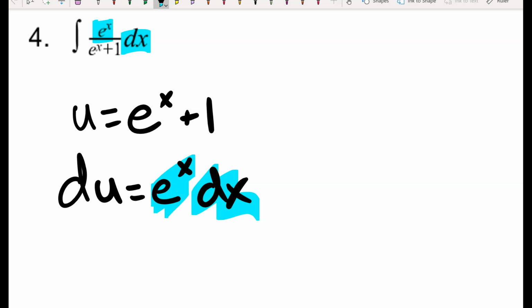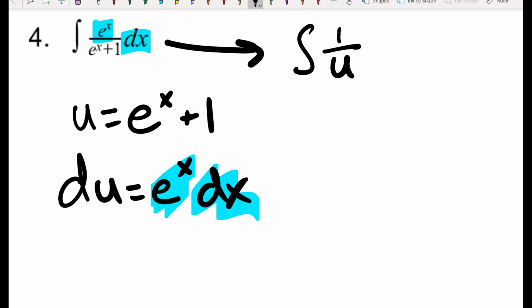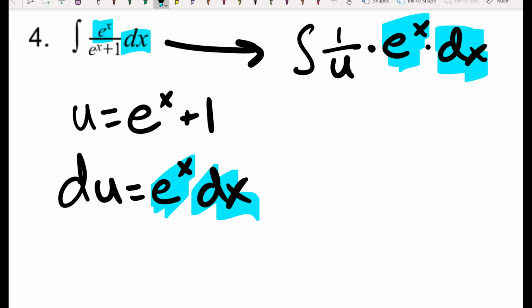So this is more of a trial and error one. You could make u the numerator, see what happens, and you'll get stuck when you get to this step. But if you make u the denominator, again, if I separate it, it might make it more obvious what happens here. I'm left exactly with what I still need to replace in terms of x, an e to the x and a dx.